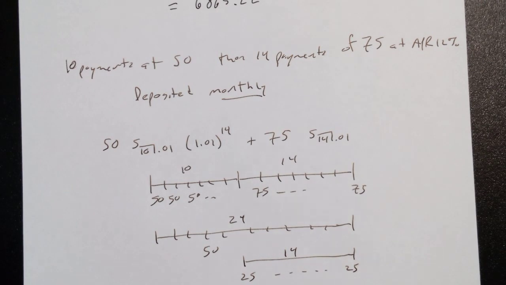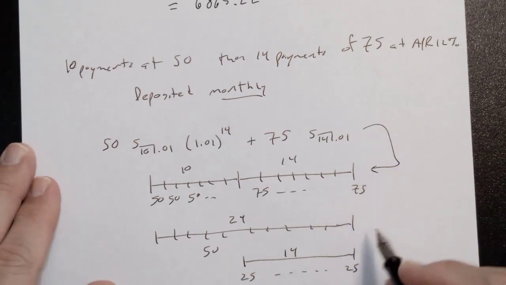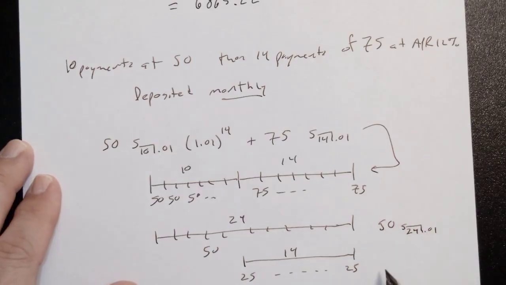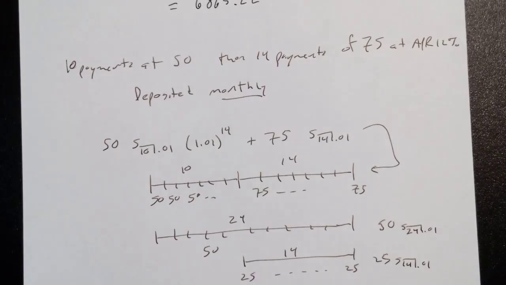This would require me not to bring anything forward, because I could say, oh, in this calculation, that's 50 times S 24, 0.01, and this is 25 S 14, 0.01. Now, if we calculate, we should get the same number both ways.